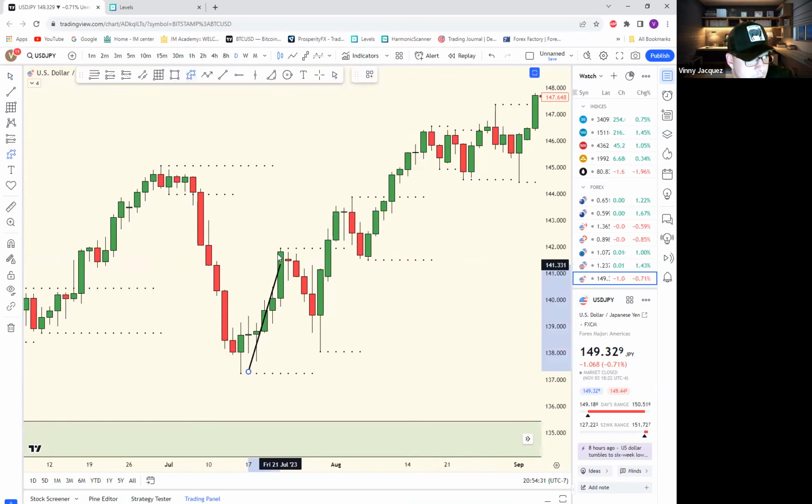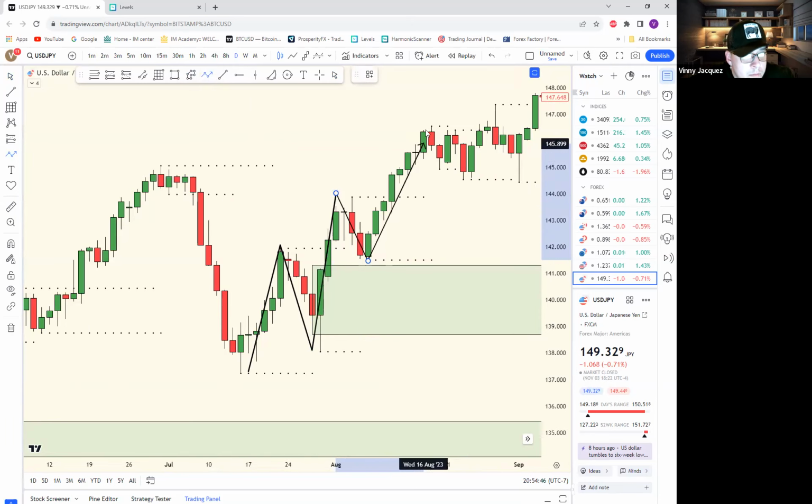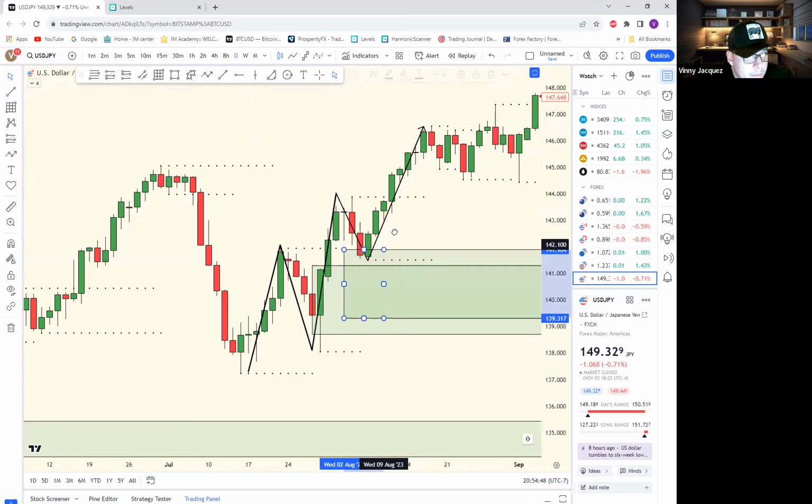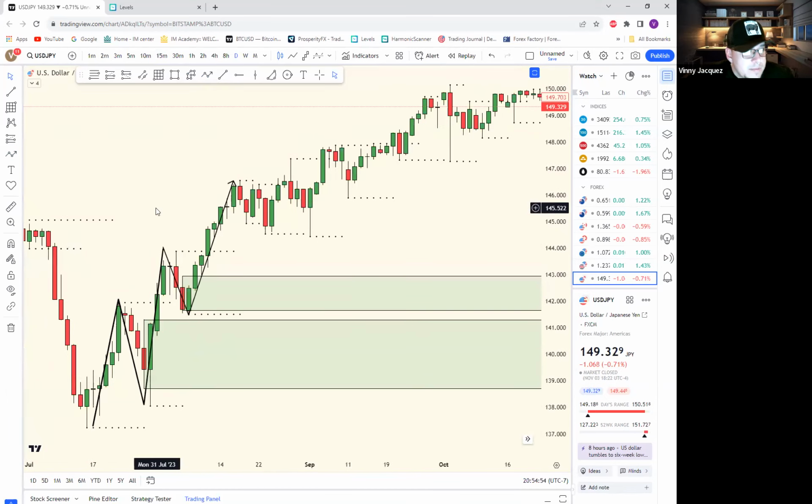We get a higher high, higher low, BOS. Boom. We barely missed that supply. It's all good. Higher high, higher low, BOS to the upside. Market never comes back. It's all good.